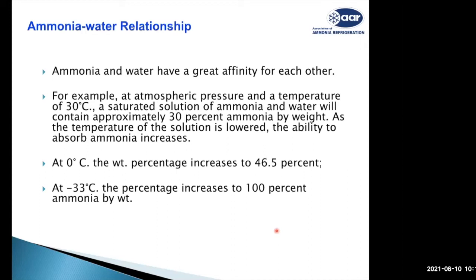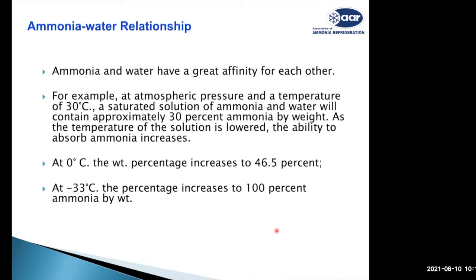And when I'm at minus 30 degrees centigrade, 100% water will mix into ammonia. It means at my ambient condition of 30 degree, the possibility of 30% ammonia in water is there.